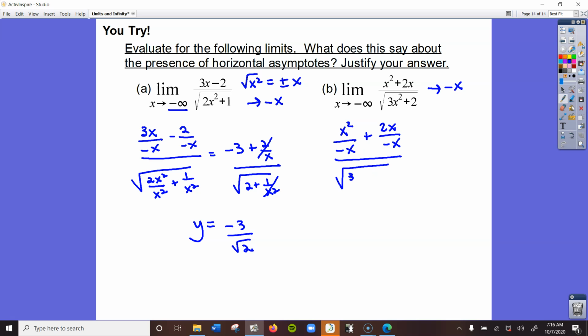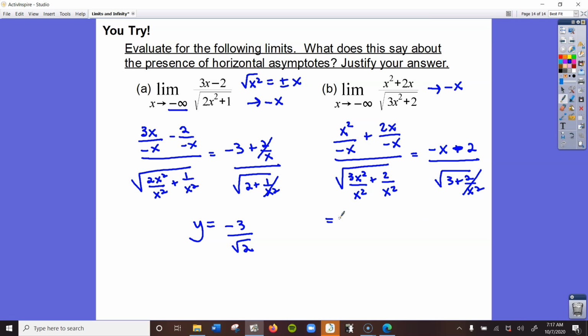Now here we're inside, so we still divide by x squared. Now we simplify, so we have negative x minus 2 all over the square root of 3 plus 2 over x squared. So this is the only thing that cancels out.